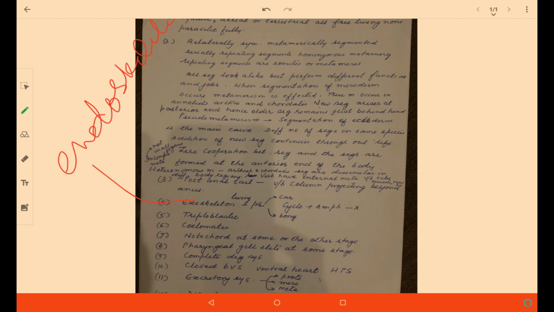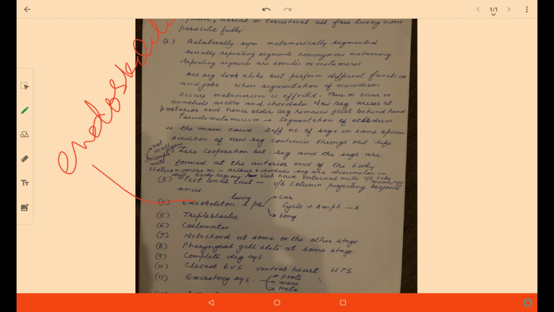The chordates, they have a closed blood vascular system. That means the blood pumped by the heart invariably flows enclosed in veins and arteries. The heart is ventral, whereas the heart was dorsal in non-chordates. Hepatic portal system was first cited in chordates.